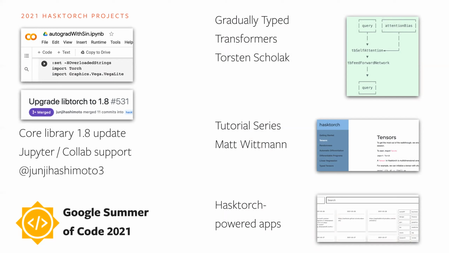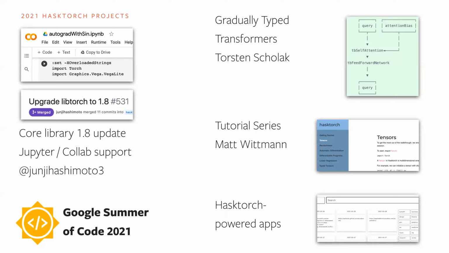I'm currently exploring implementation of transformers in Hasktorch using gradually typed tensors and neural networks. So I will talk about this in a bit, and I will show you that. And this summer, we will collaborate with Google Summer of Code students to improve this API further. Besides that, we're also working on improving the documentation.